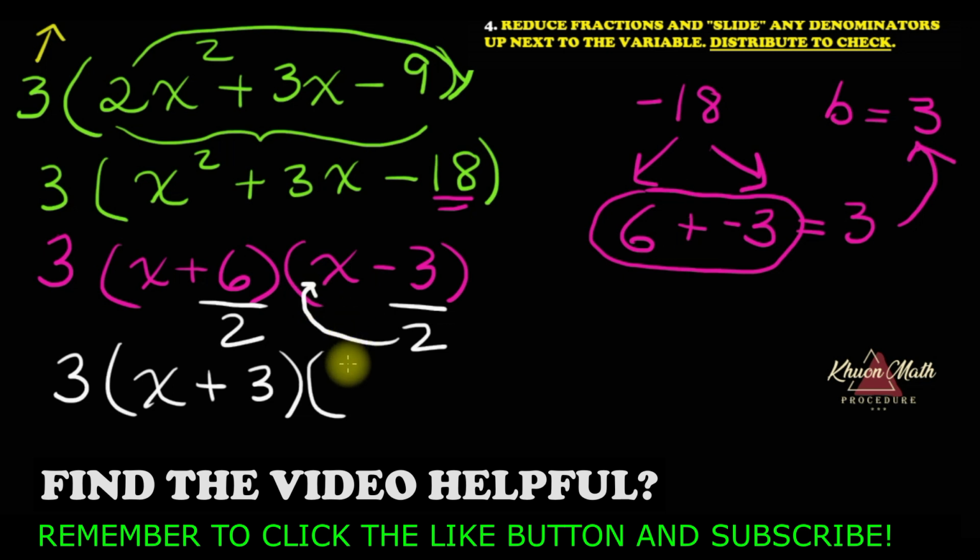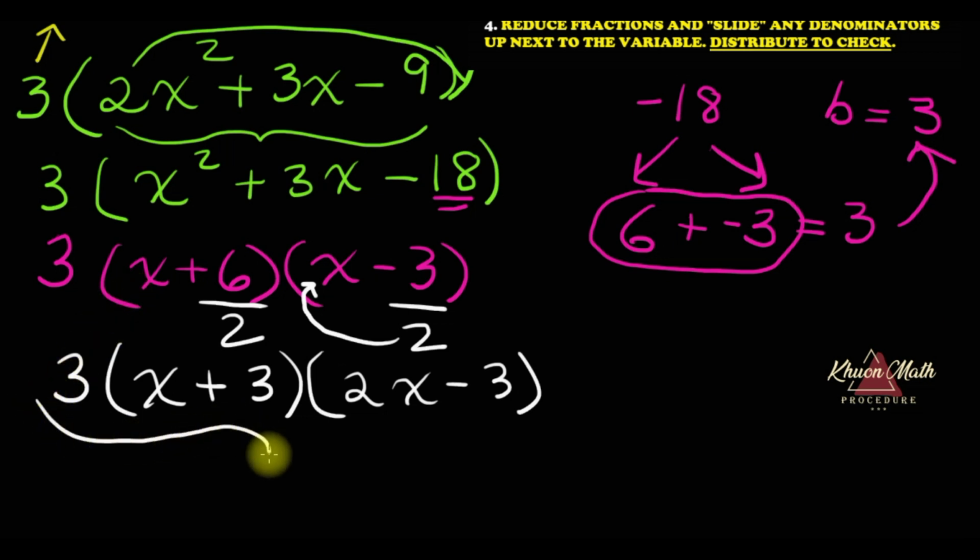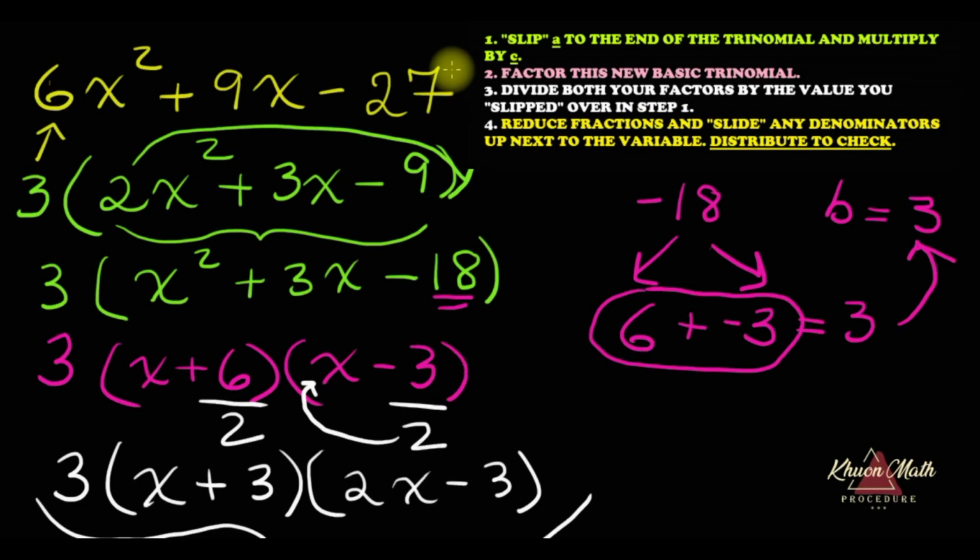So when we bring the 2 to the front, we get 2x minus 3. So we have 3 factors. The 3 is one of the factors, and then the other 2. So now you can always check this, make sure those factors are right. And if you multiply all these 3 factors, this is what you have to get to know it's right.